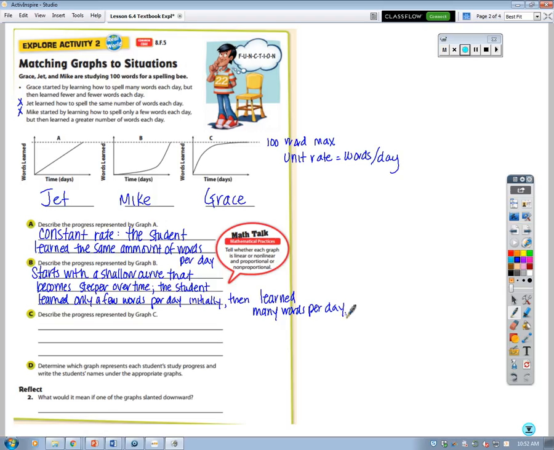Okay. And so guess what? In C, we are describing the progress represented by graph C. So that would be many words learned per day initially, and then very few words learned per day. So it starts with a steep curve. Then becomes more shallow.